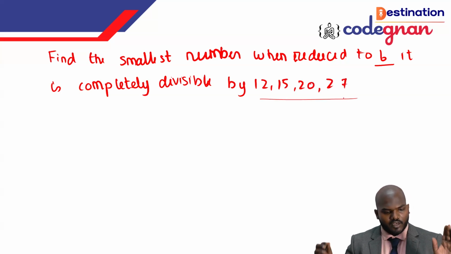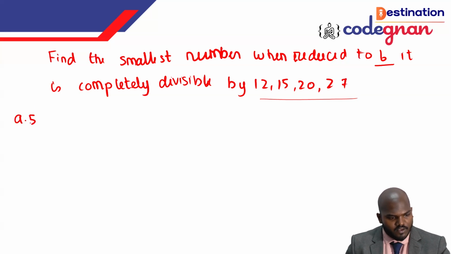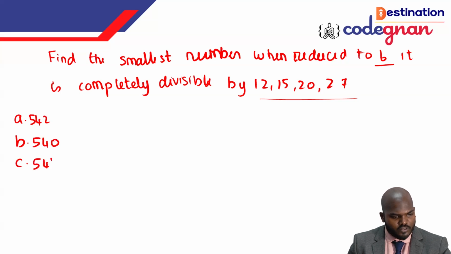The options are: option A 542, option B 540, option C 546, option D 500.